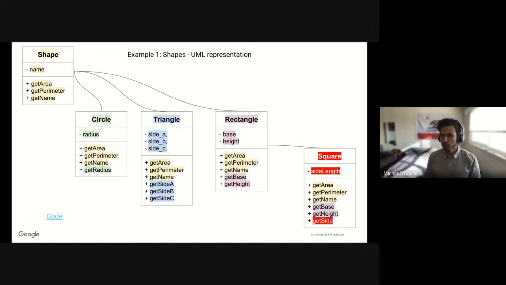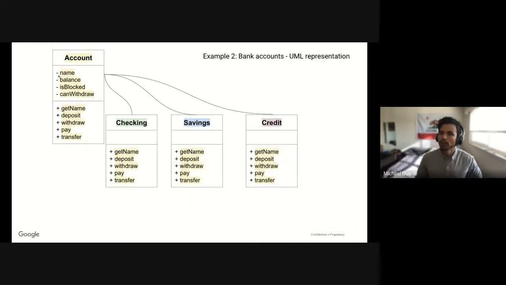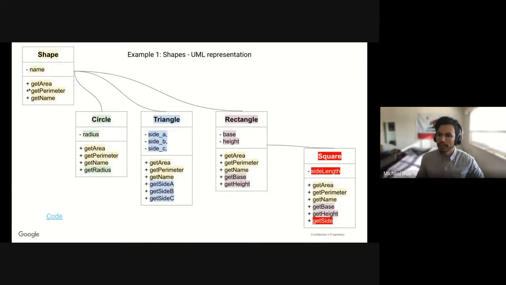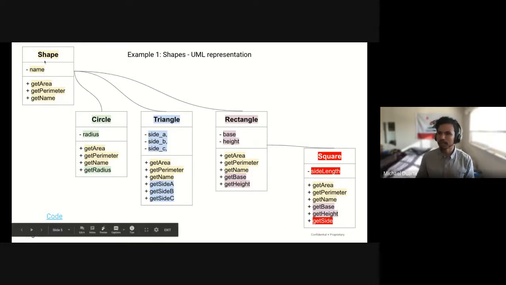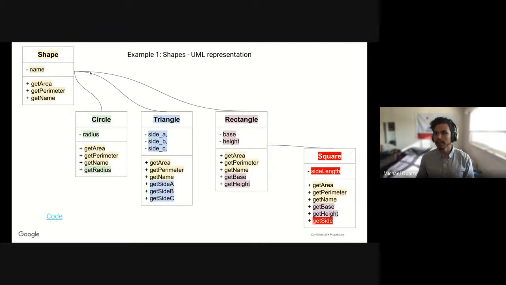Yes. So as you can see here, I put a small minus sign and plus sign. What I mean by this is that I expect name to be private to shape. So even though these classes are inheriting from shape, they don't have access to the private members. This one that has this plus sign, I expect them to be public, and subclasses inherit the public functions.